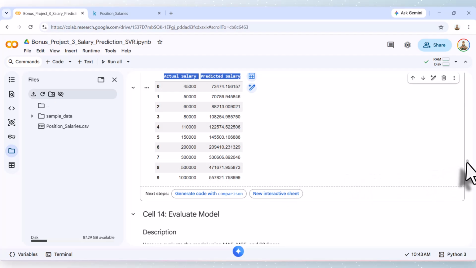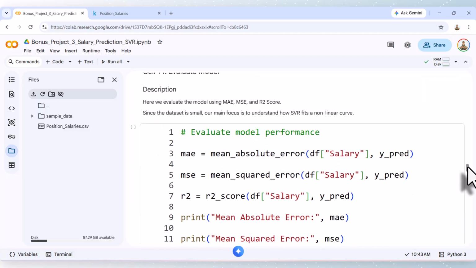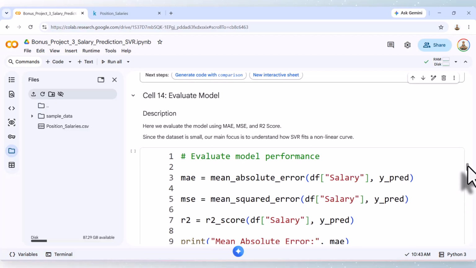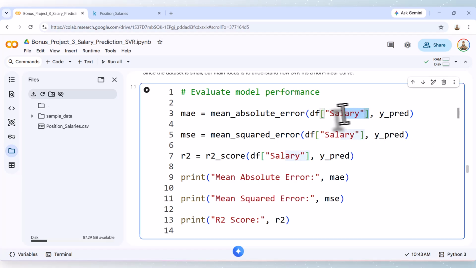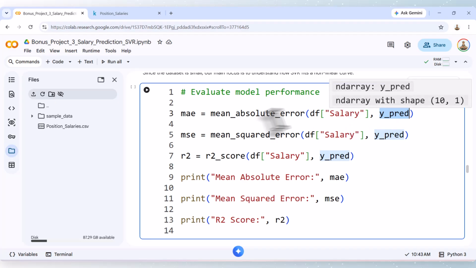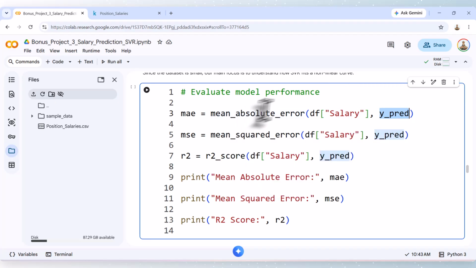Okay. Now evaluate the model. Here I am going to take the actual salary along with the Y predictions. So df of salary is the original column values, that is the actual salary, and y_pred is the predicted salary. I am going to compute the mean absolute error, mean squared error, and R2 score, and print the results in MAE, MSE, and R2.